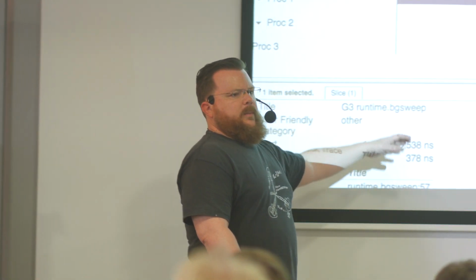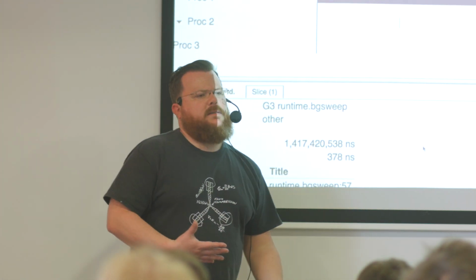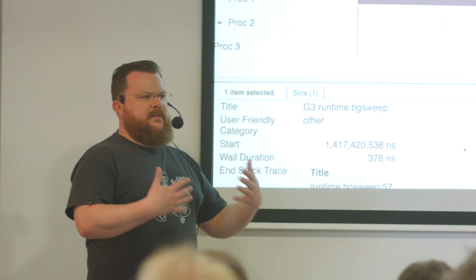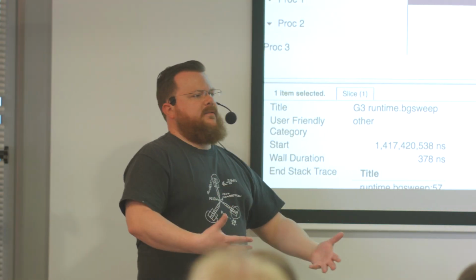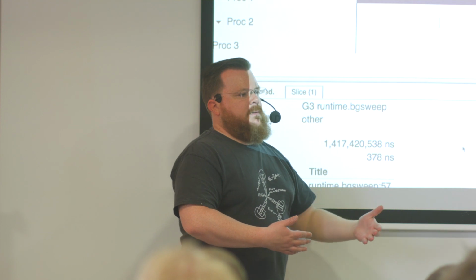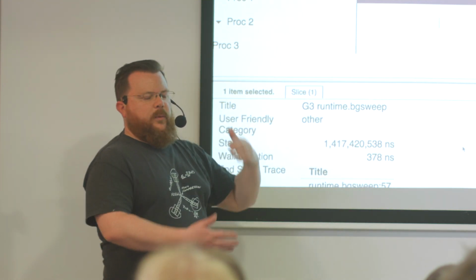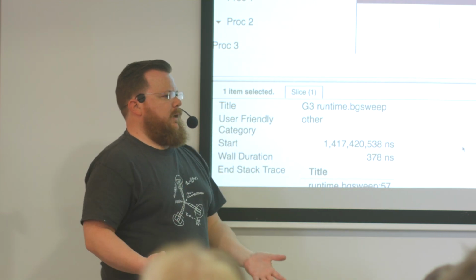And this is actually the background sweeper. I don't want to go too deeply into the operation of the garbage collector, but effectively it dedicates some amount of unused CPU, like this CPU is not being used for running a program, to sweeping the heap in the background. And if this background sweeping can keep the heap allocation under control, it doesn't need to do a full garbage collection.